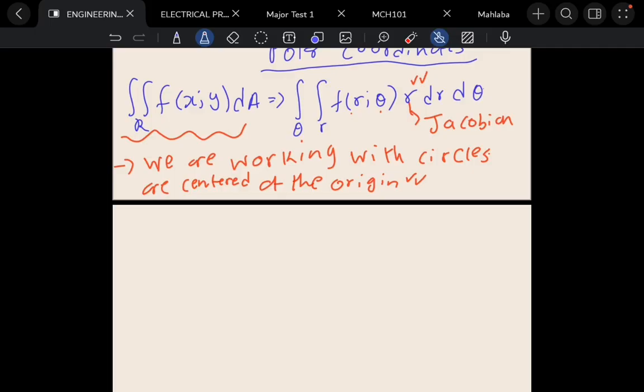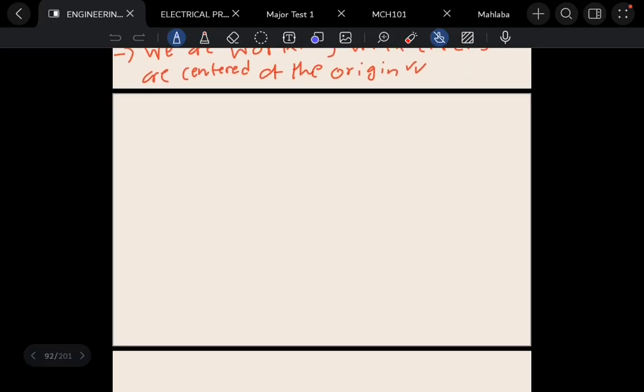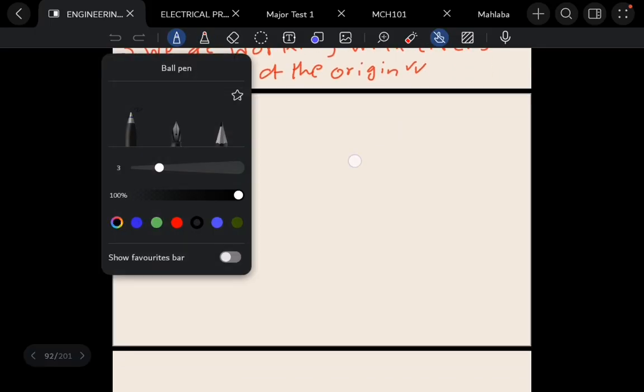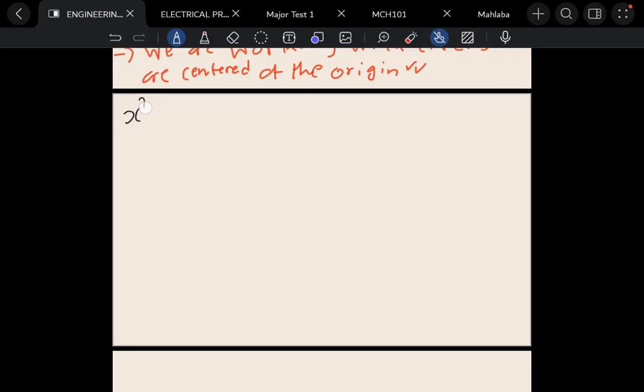Right. Now, basics. If you have x squared plus y squared equals r squared, this is the equation of a circle.